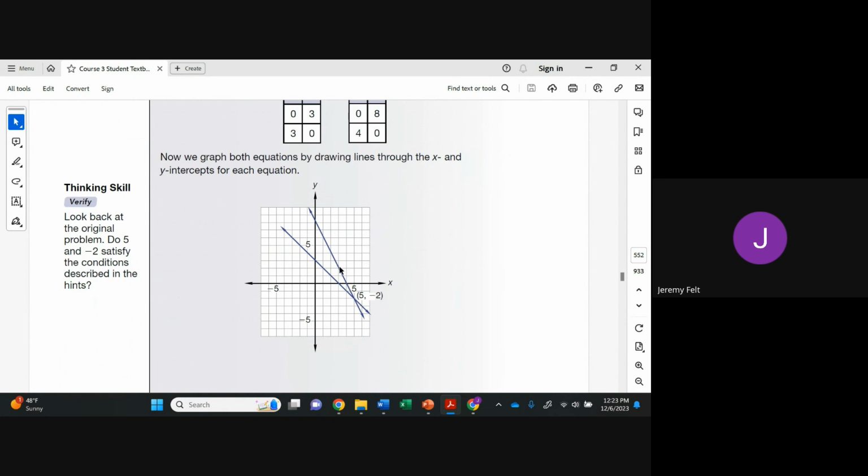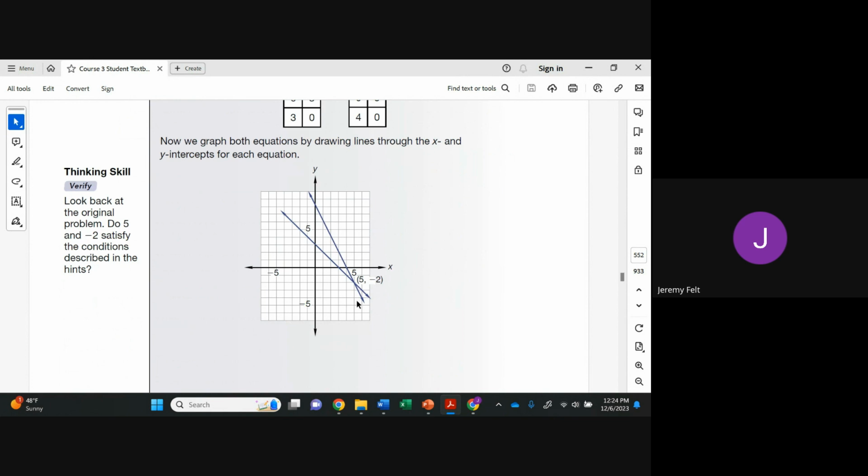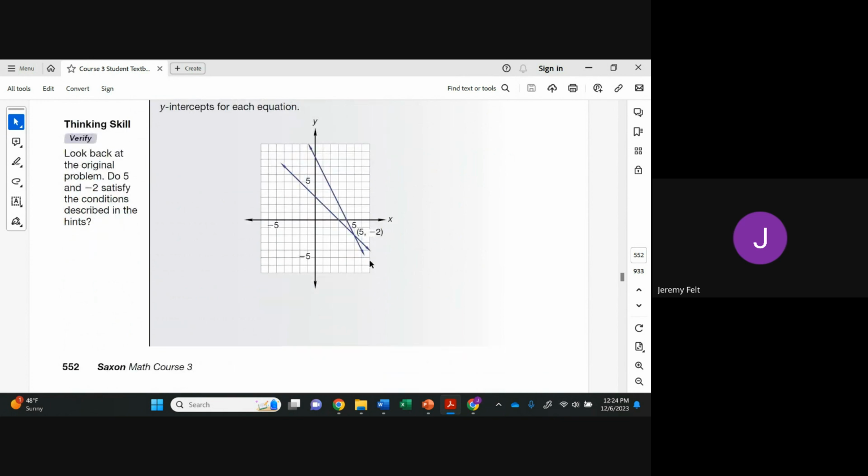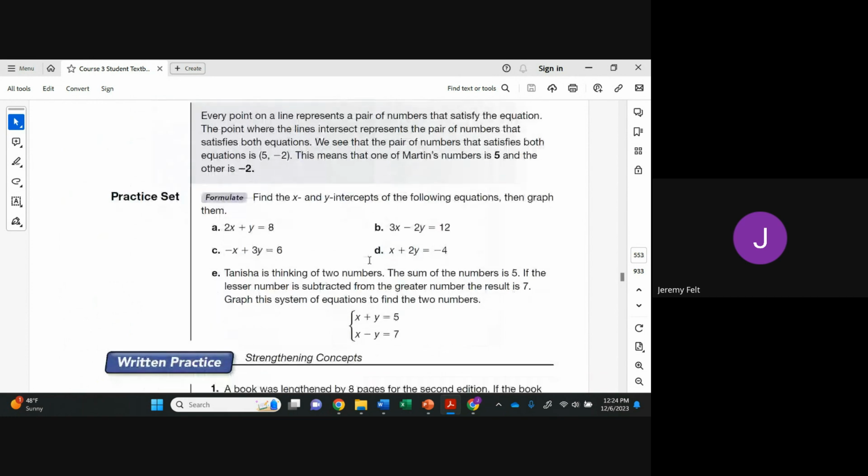But either way, we graph them, make sure we got straight lines, and see where they cross. Again, unless they're parallel lines, they are going to cross eventually somewhere. And that point is right there. So the 2 numbers that we're thinking of are 5 and -2.